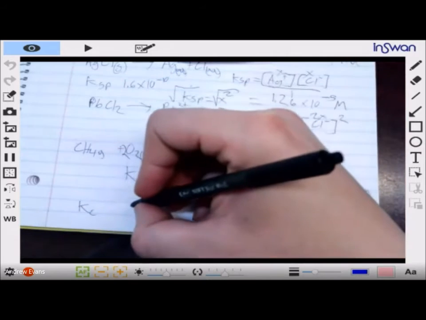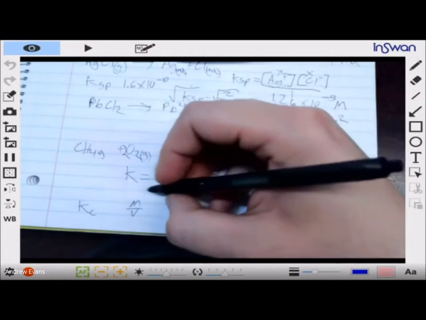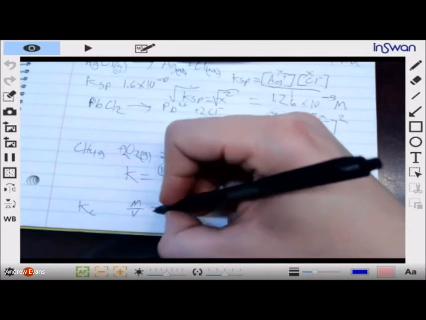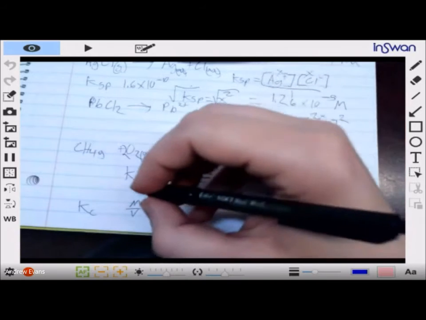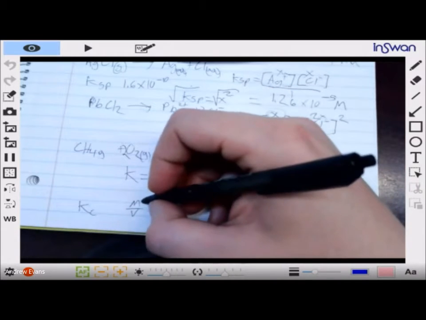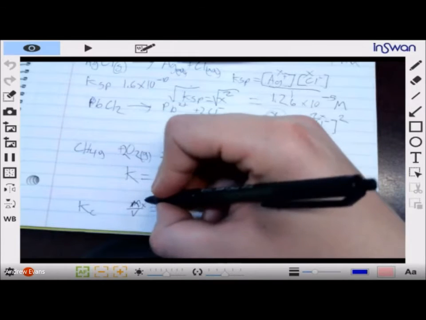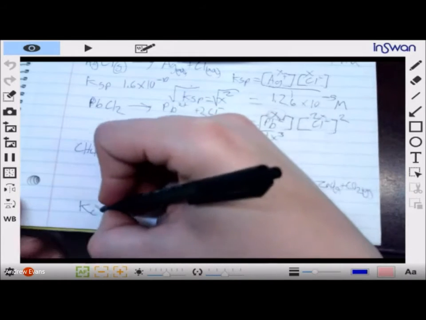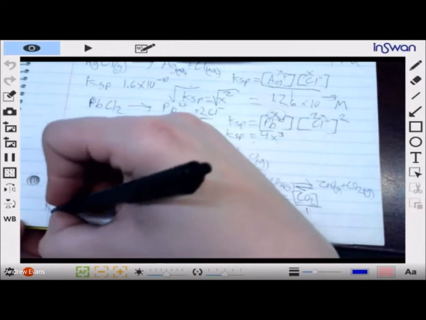You're going to say, if concentration is moles over volume, how do you turn moles over volume into a pressure? Well, you're going to use PV equals nRT. So you're going to multiply your Kc by RT, and that's how you're going to get your Kp.